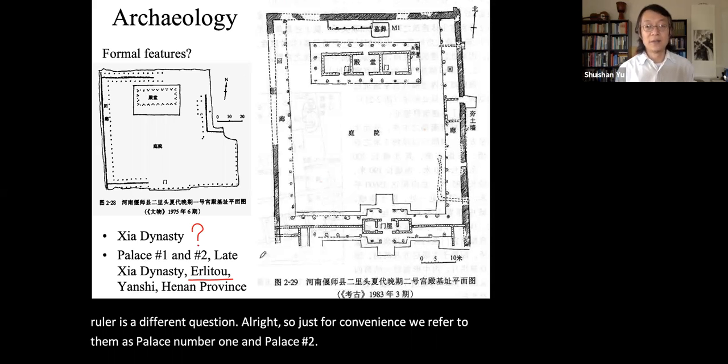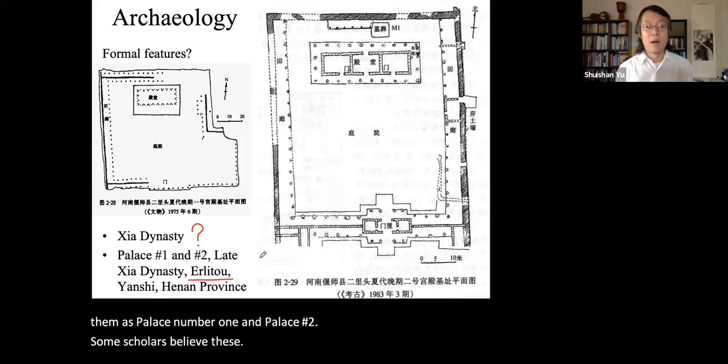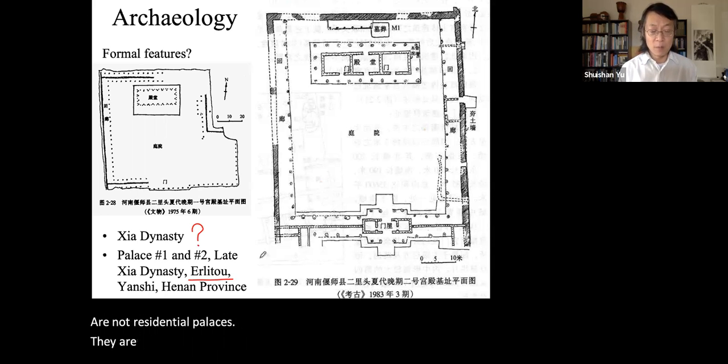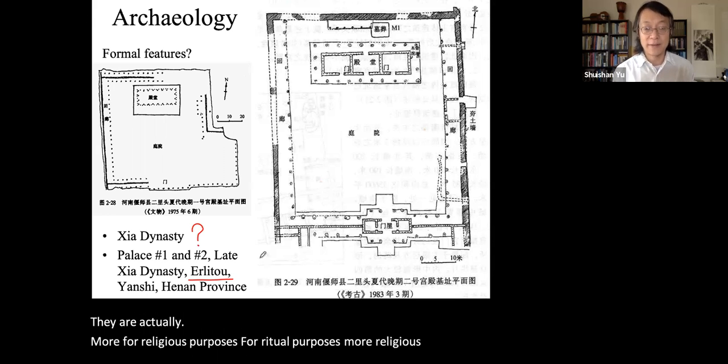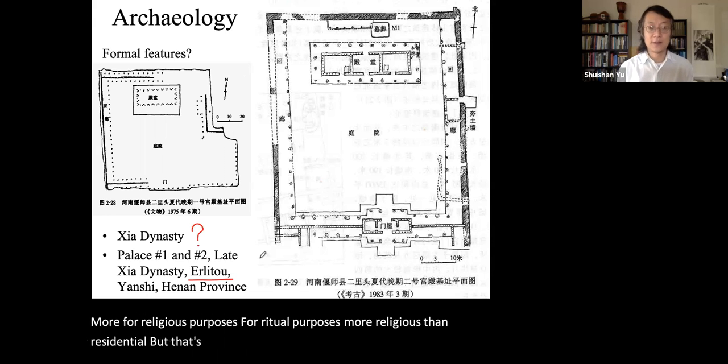Some scholars believe these are not residential palaces. They are actually more for religious, ritual purposes, more religious than residential, but that's a different question. For our convenience, we call them Palace number 1 and Palace number 2.